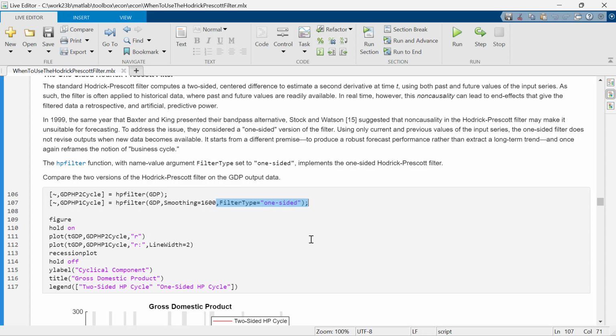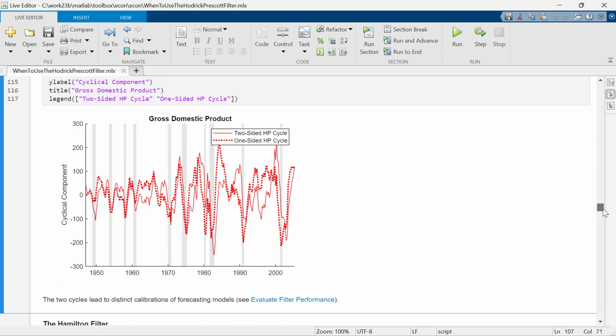If you set it to two-sided, you get the original Hodrick-Prescott filter. And you can run them both on, say, the GDP data, as we do here. And you can see that they do indeed provide different cyclical outputs for the GDP data.